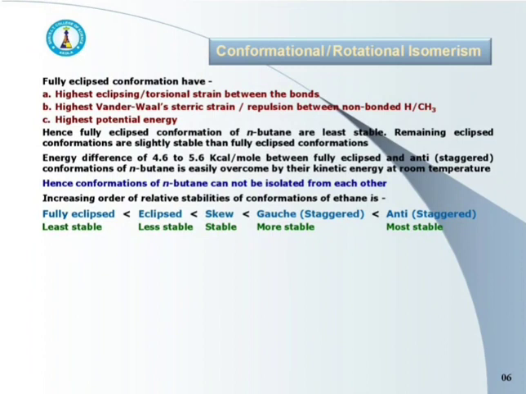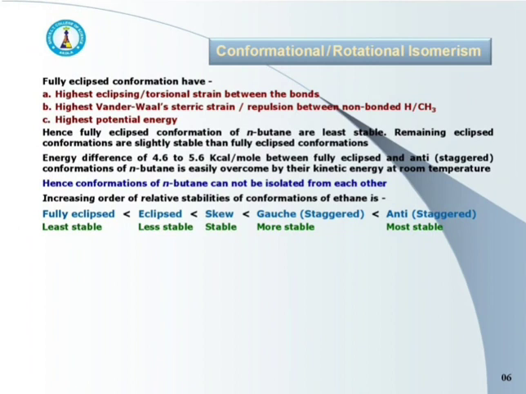Here, the increasing order of relative stabilities of conformations of n-butane is given. First, fully eclipsed conformation, which is least stable. Then eclipsed conformation, less stable.